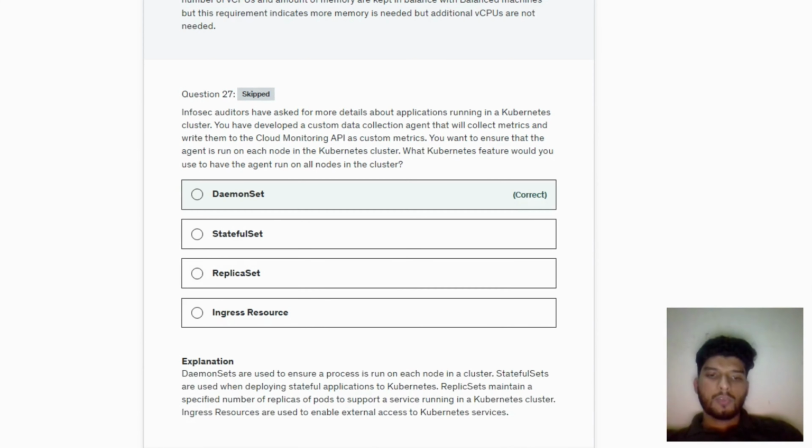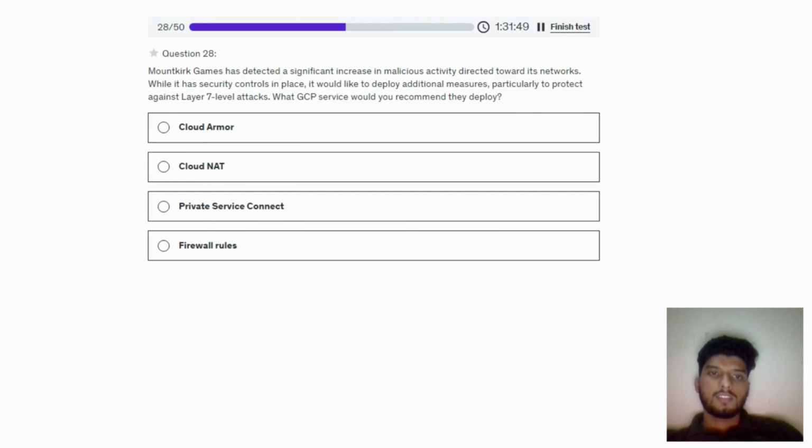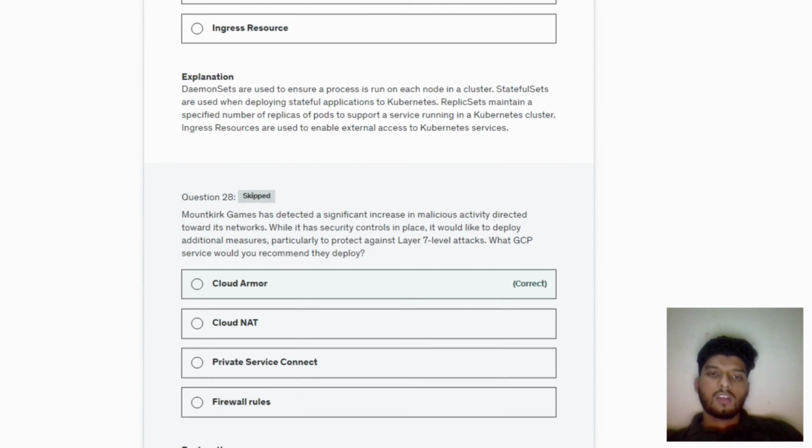So question number 28 is: here is question number 28 and you have to select the right one option from the options available. Here are Cloud Armor, Cloud NAT, Private Service Connect, and firewall rules. So the right answer is Cloud Armor.